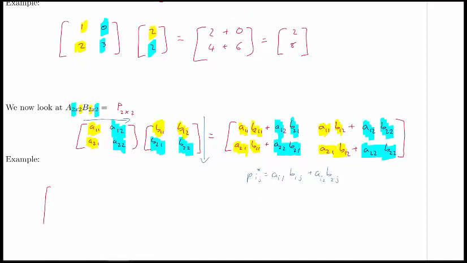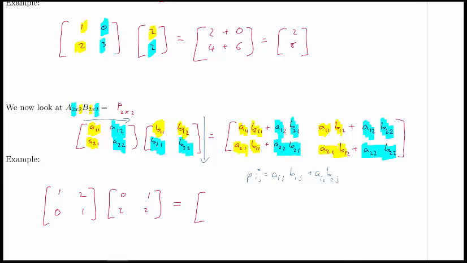Alright, so let's look at a quick example here. We'll try and keep the numbers simple so it doesn't get out of hand during the calculations. So we'll have 1, 2, 0, and a 1. And this next one we're going to have 0 and a 1 and a pair of deuces in the bottom.